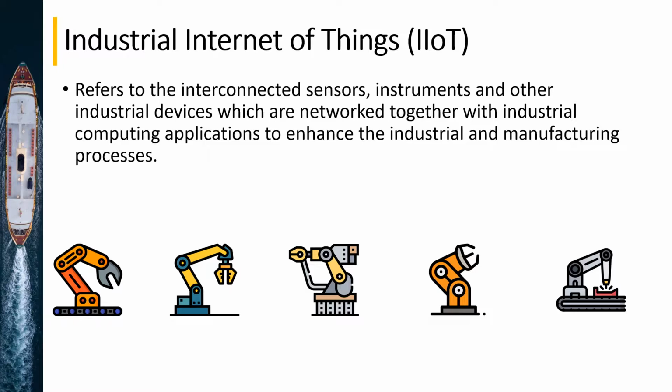For example, in a car manufacturing factory, all the robots will talk to each other and say, this is the component that I am fixing and this is the component that you will be fixing. And all the exact specifications will be exchanged to ensure that a car is manufactured according to the manufacturer's specifications.